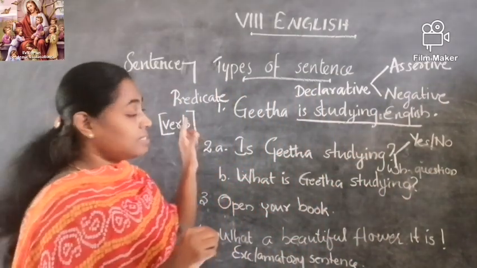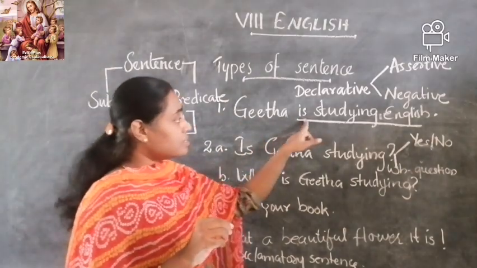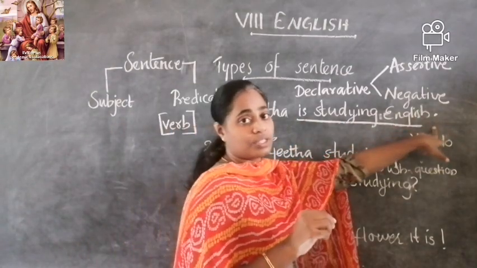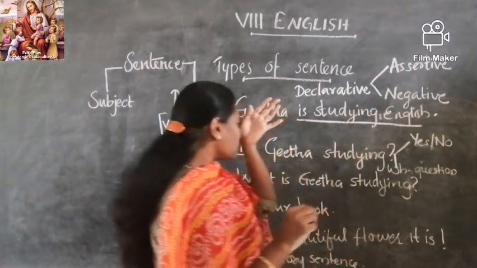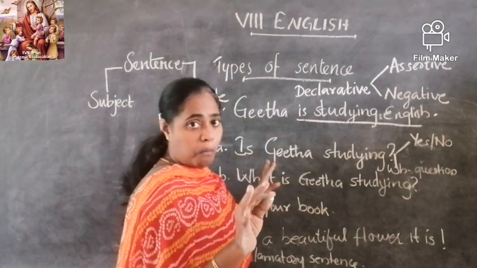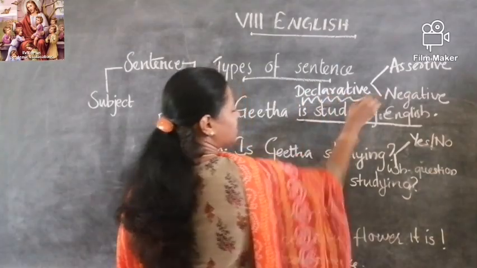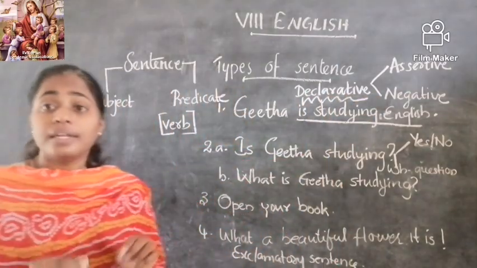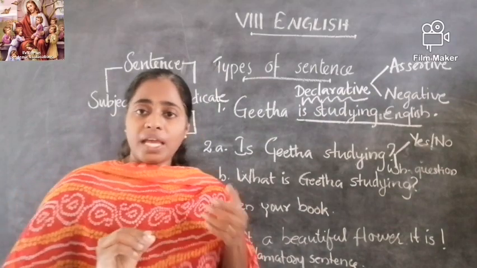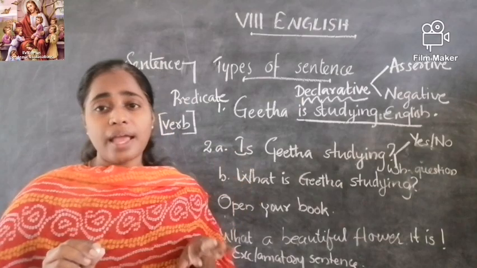You can see it's a sentence, and it gives us information. That's all. It is called a declarative sentence. What do we call this? A declarative sentence.